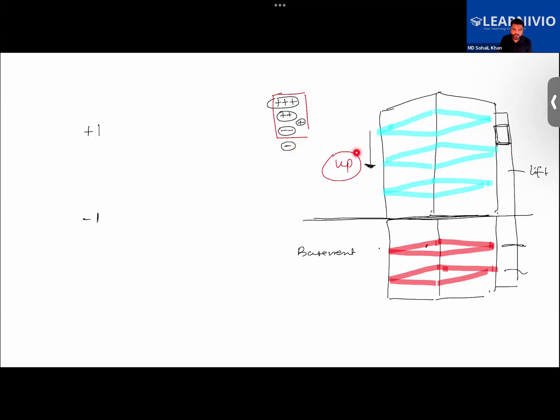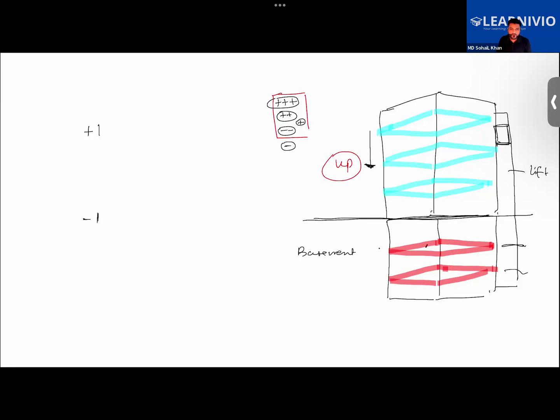If you press the negative button once only, then you will go down 1 floor. Now if you press this button that has 2 minus signs and you are over here, you're going to go here, 1, 2, and then to the ground floor.